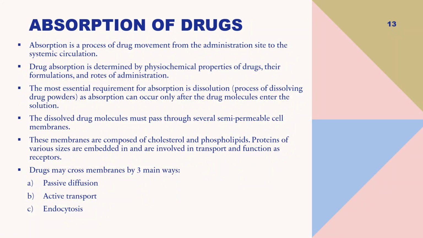The amount of medication absorbed depends on the route you administer it by, where you take the medicine, which tells you how much is going to be absorbed into your circulation. We are going to talk about it later, not at the moment. The most essential requirement for absorption is dissolution, the process of dissolving drug powders, as absorption can occur only after the drug molecules enter into solution.